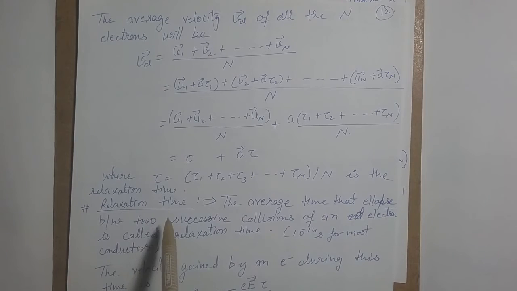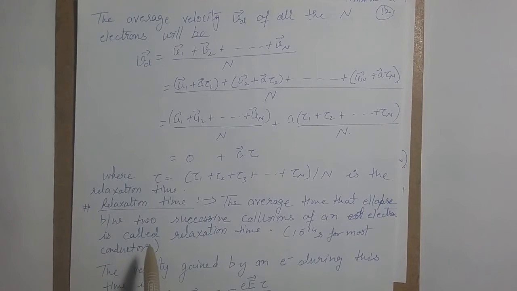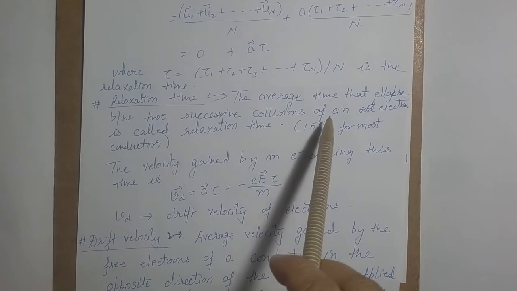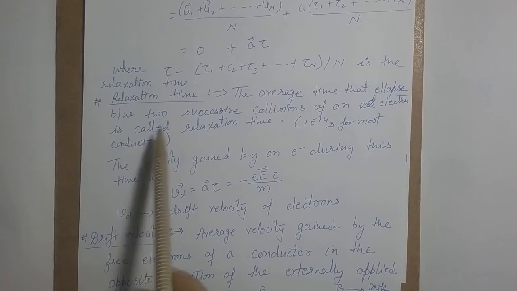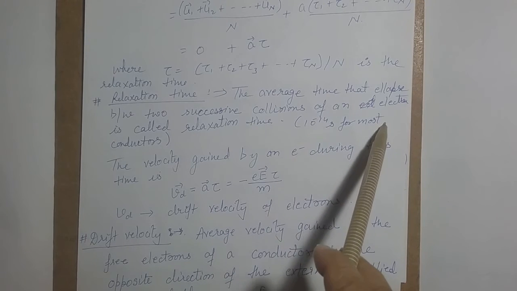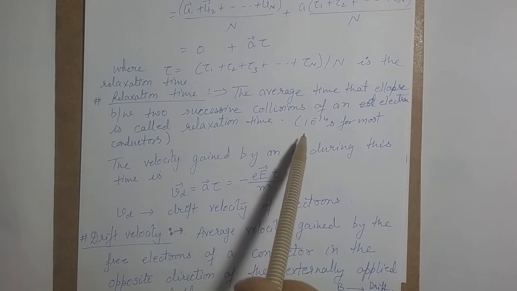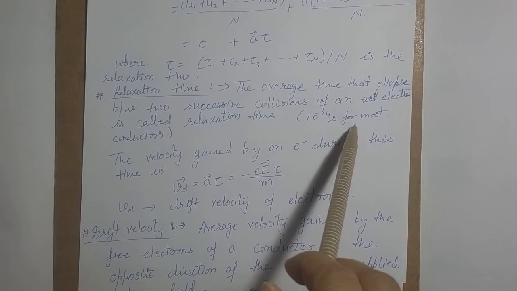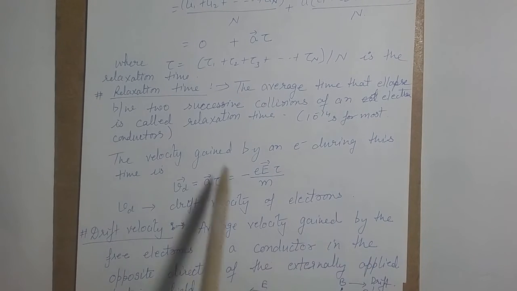Now what is this relaxation time? Here we are in a state to define it. This is the average time that elapsed between two successive collisions of an electron. This is of the order of 10 raised to power minus 14 second for most conductors.